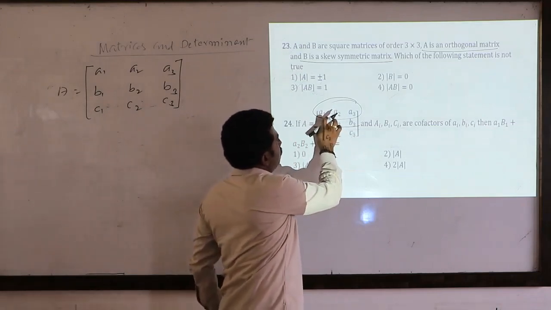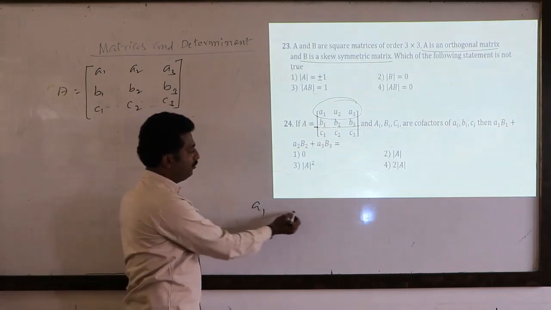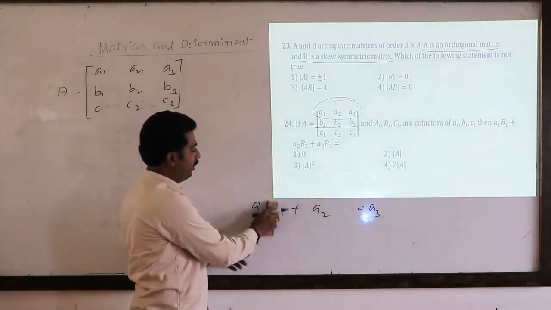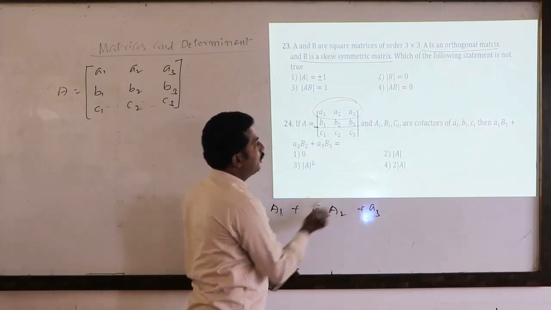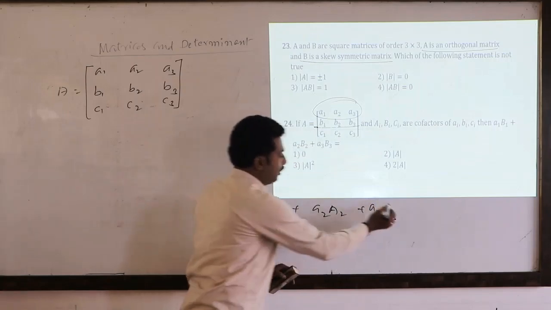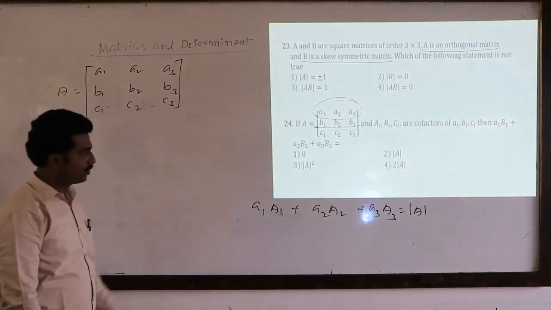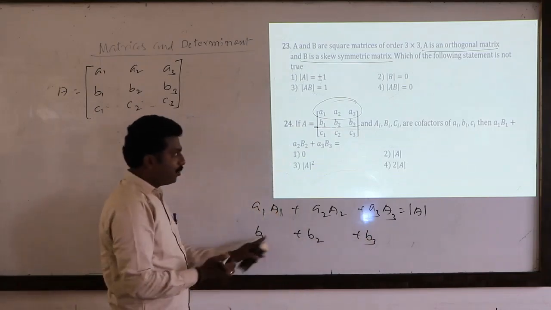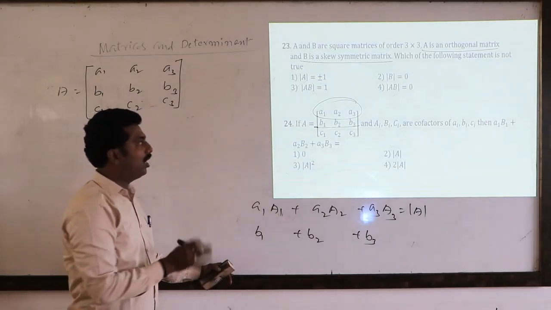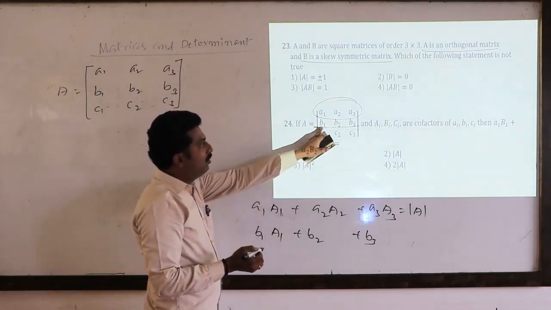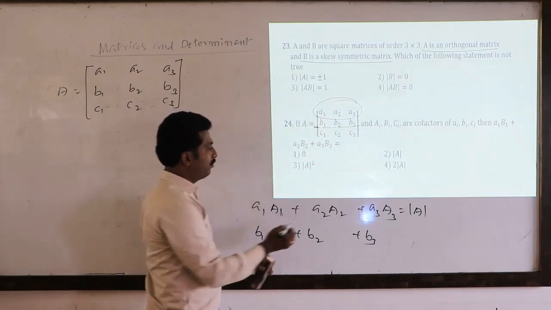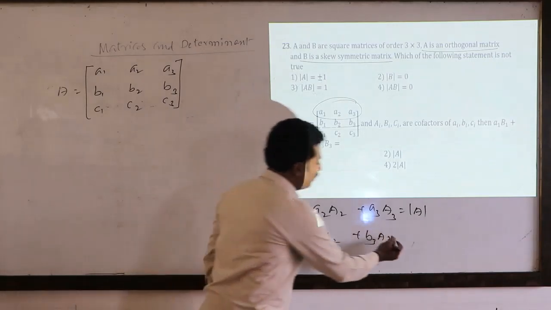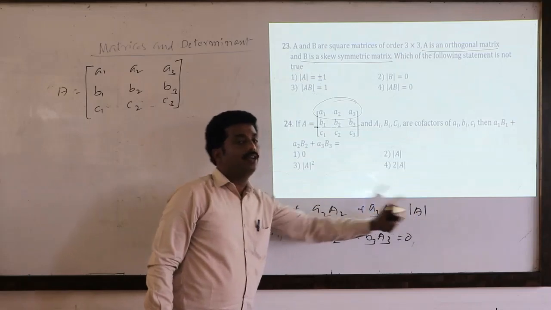The first row elements A1, A2, A3 with their corresponding cofactors capital A1, A2, A3 always give the determinant of A. Next, if I take the second row elements B1, B2, B3 with the cofactors of the first row, capital A1, A2, A3, these two suffixes are not the same, so its value will be 0. If the two suffixes are the same, its value is always the determinant of A.